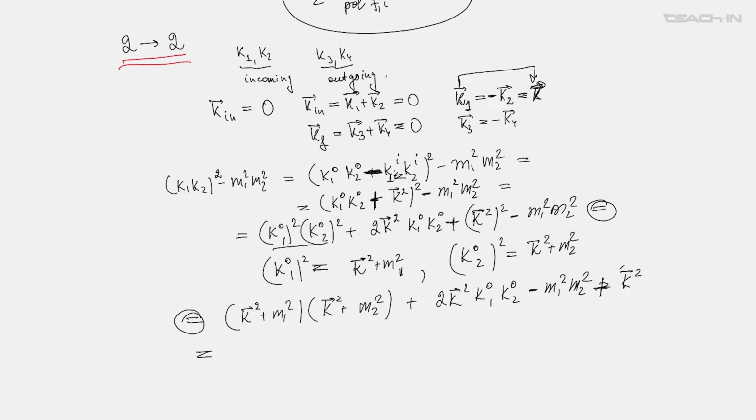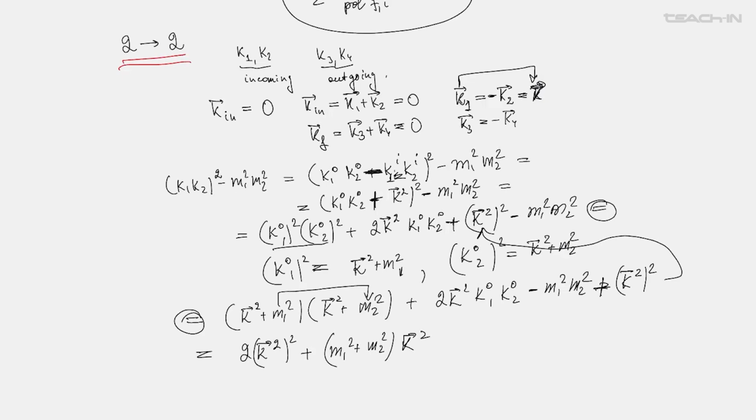So if I open the brackets, I will get twice k squared squared, plus m1 squared plus m2 squared times k squared, and then the product of masses will cancel with this term here.